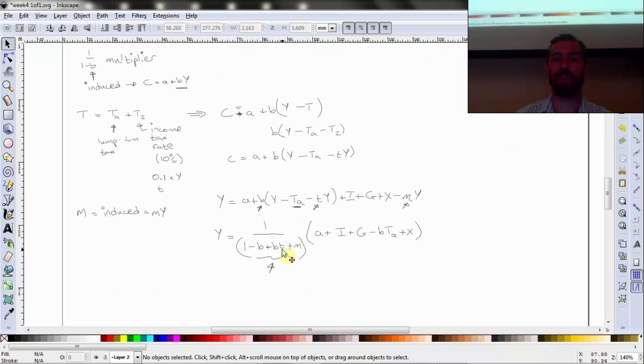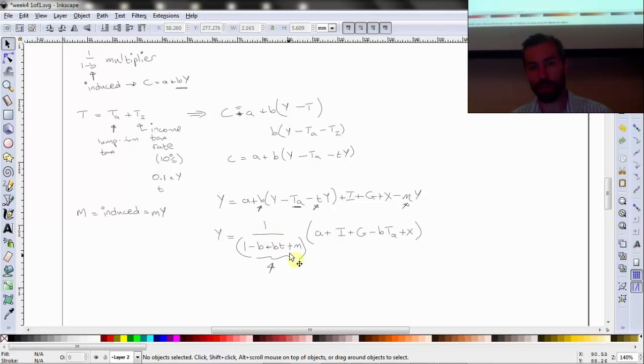Once we include autonomous taxes and include autonomous imports, what happens? If T is now positive and M is positive, that means this entire number down here must be bigger, right? If this number is bigger, this entire multiplier must therefore be smaller. If your denominator is bigger, then your fraction will be smaller, right?